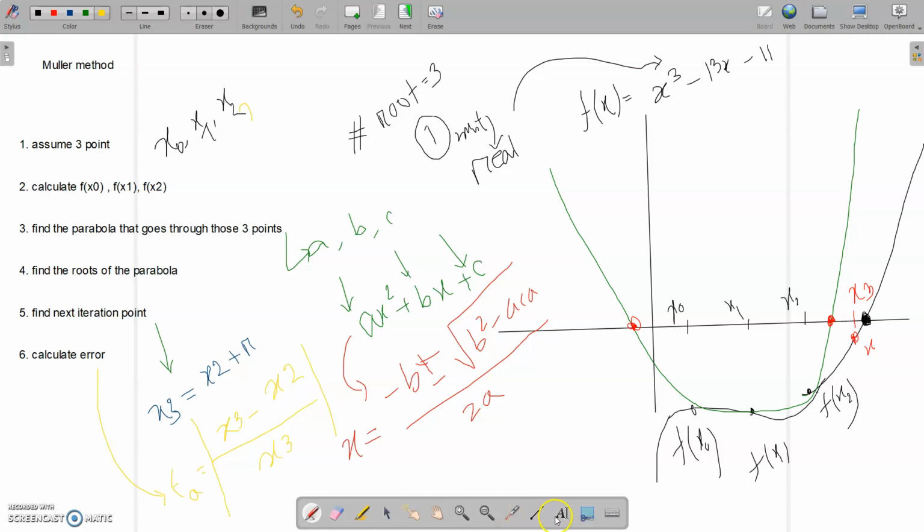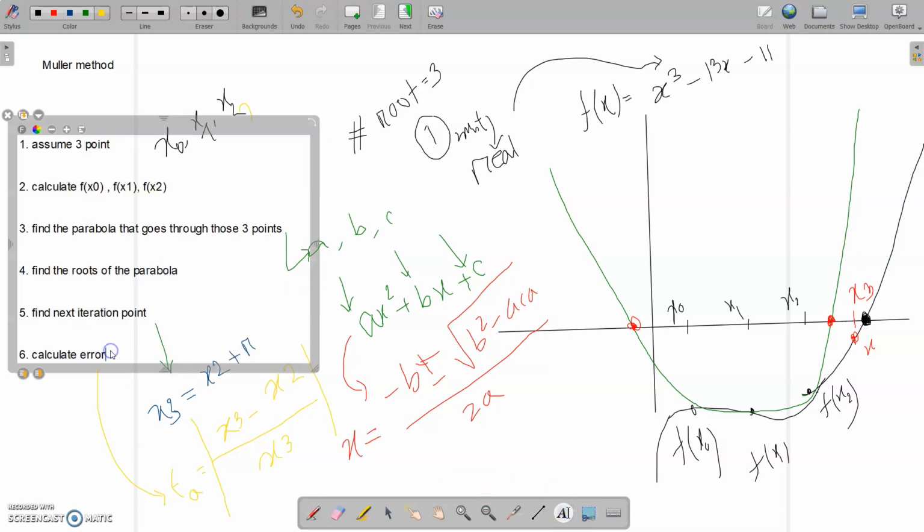So what do we have now after this sixth step? After the fifth step, I have calculated a new point. Then step 7, assign new 3 points.